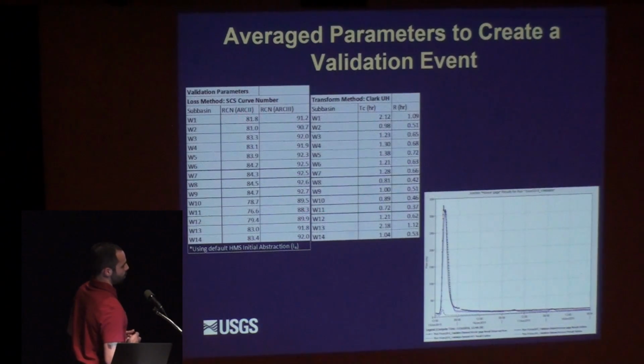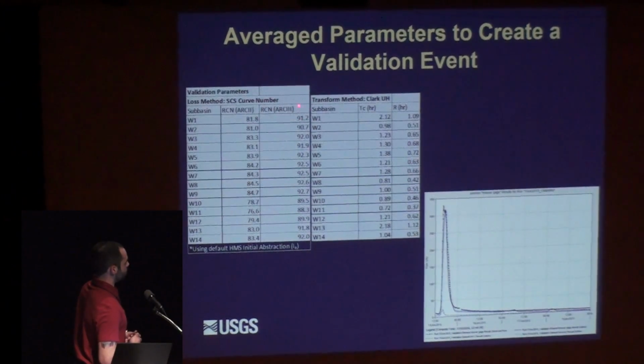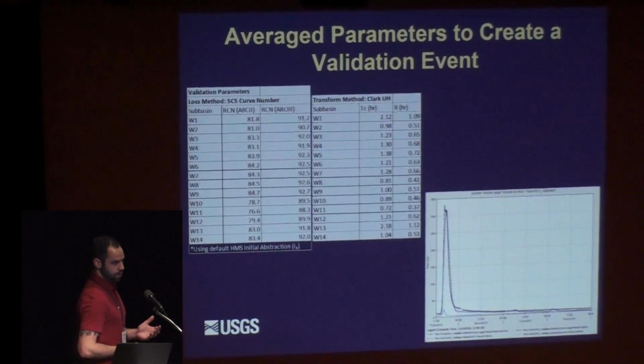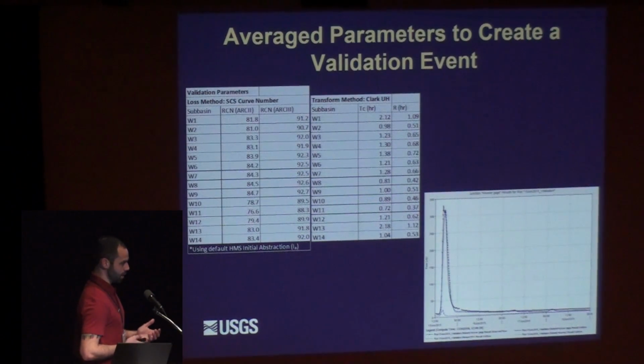Your ARC2s are your normal conditions, which is your soil moisture content and how much the soil can absorb for rainfall. And then your ARC3s are saturated conditions, where the soil can't take in as much rainfall, cannot infiltrate as much, so you're going to have greater amounts of runoff.